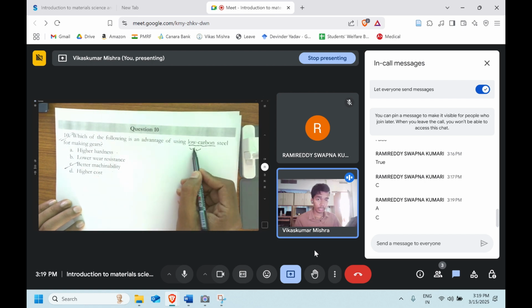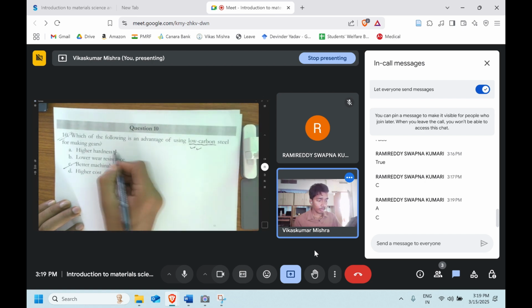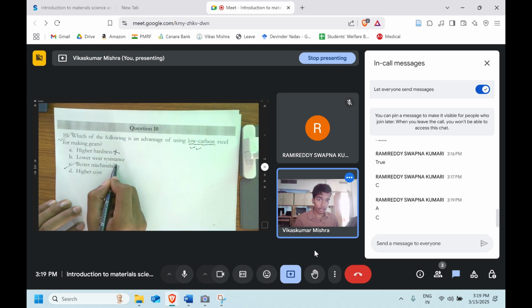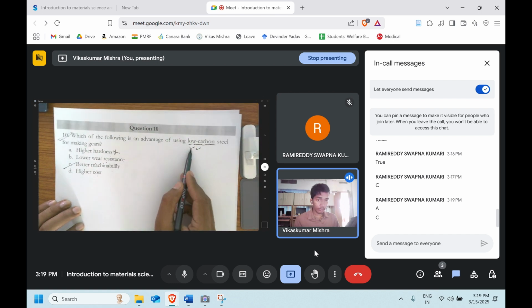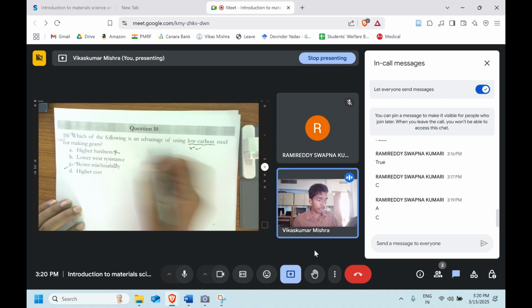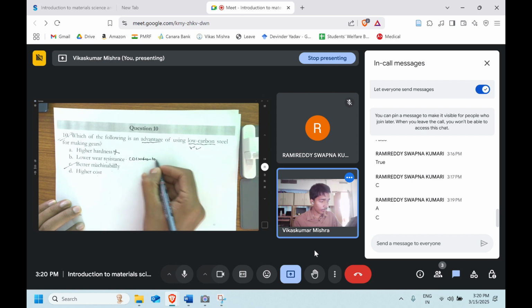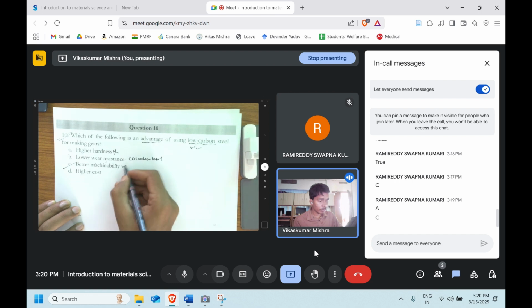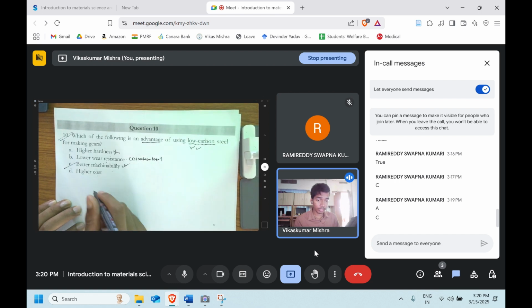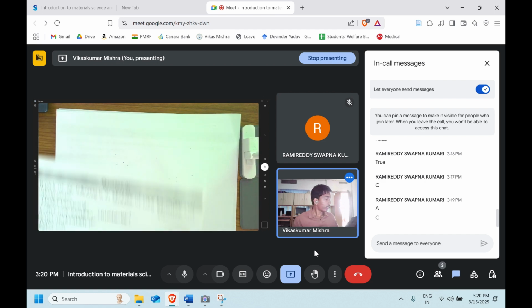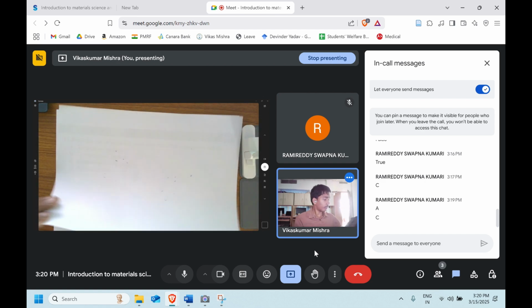If we decrease the carbon, ductility will increase. Low wear resistance, sure, it will have the lower wear resistance, but it is not an advantage, right? This is a disadvantage. Only this one is the factor. Higher cost is never an advantage. It's a disadvantage. Okay, let's move ahead.